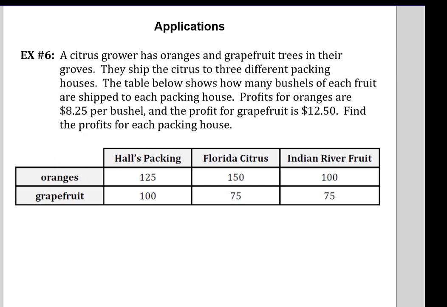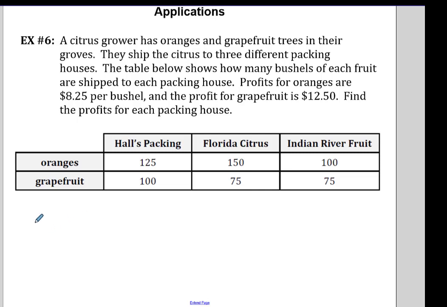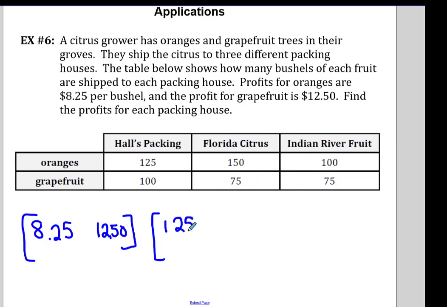So we have to be careful what we're going to match up. So I'm thinking if we have $8.25 a bushel for the oranges and $12.50 a bushel for the grapefruit, then we need a matrix that has 2 rows. So that would be our table here, 125 and 100, 150 and 75, and 175.